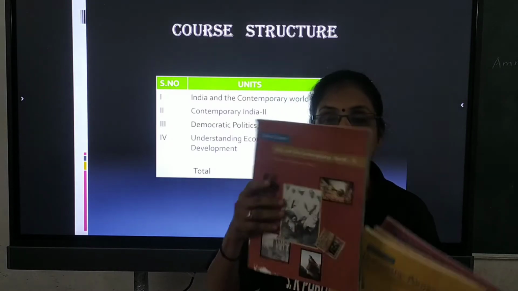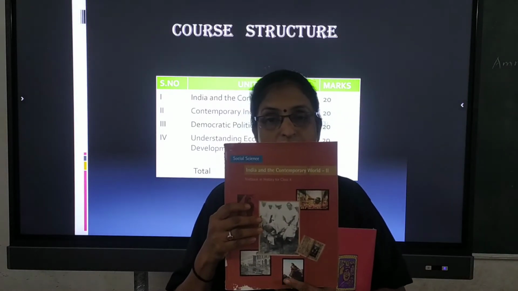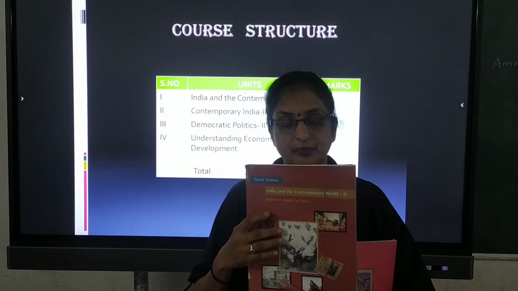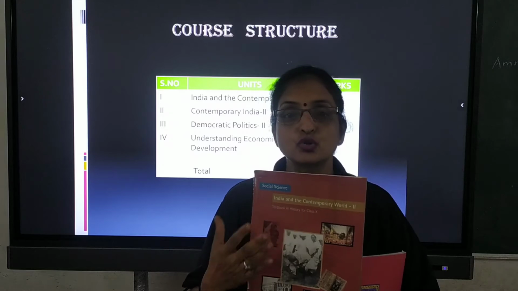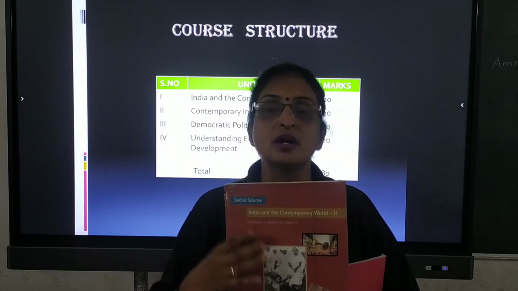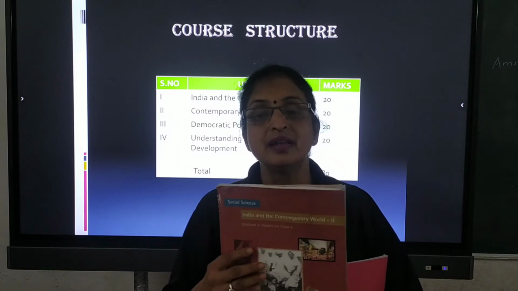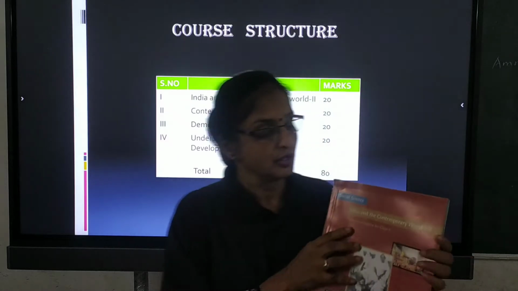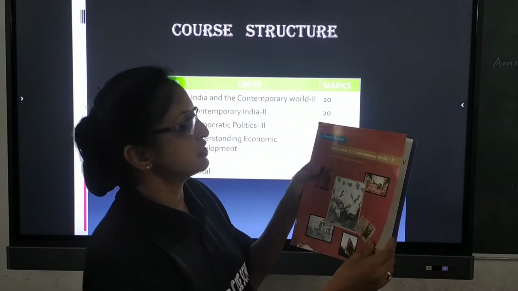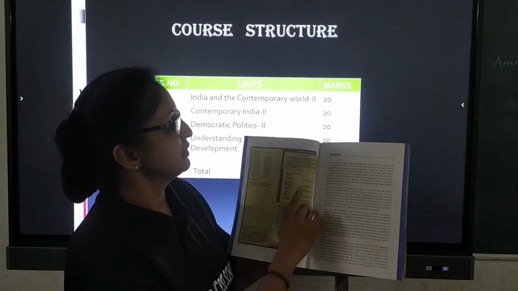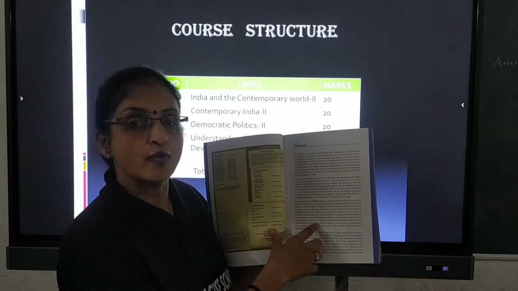So this is your history textbook. When you begin with your lessons, the first thing you should know is your textbook. Start reading from the cover page to the last cover page of the book. Here in history, if you open the textbook, you can read the foreword.